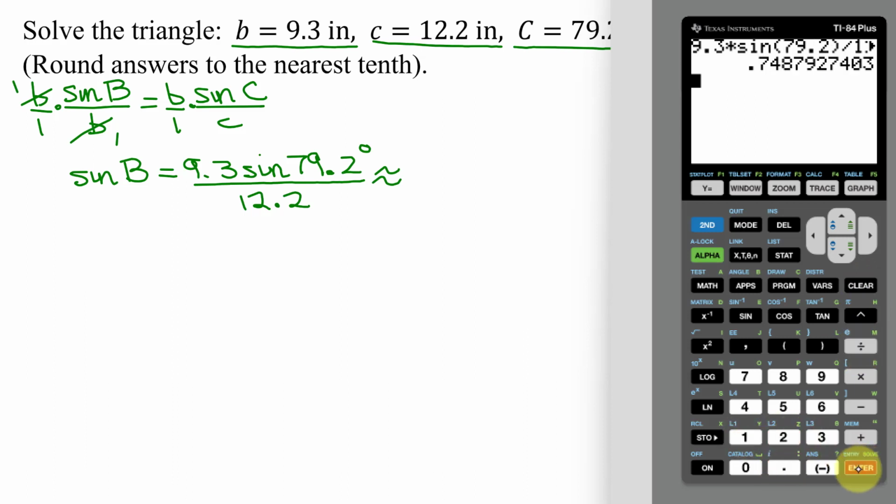12.2. Hit enter, and that is the approximate value for the sine of angle B, 0.74879, etc. And so to find angle B, I'm just going to have to do the inverse sine of that number.